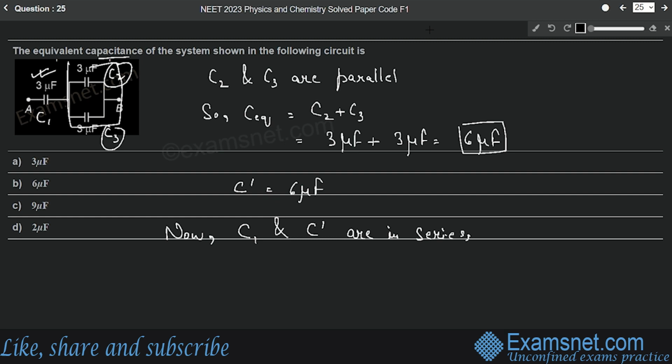So in series, what will be the equivalent capacitance? That will be equal to C1 C dash upon C1 plus C dash. Okay. So C1 is 3 microfarad, C dash is 6 microfarad. So 3 into 6 is 18 and 3 plus 6 is 9. So the equivalent.